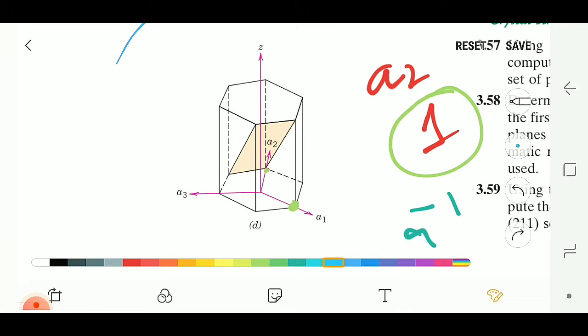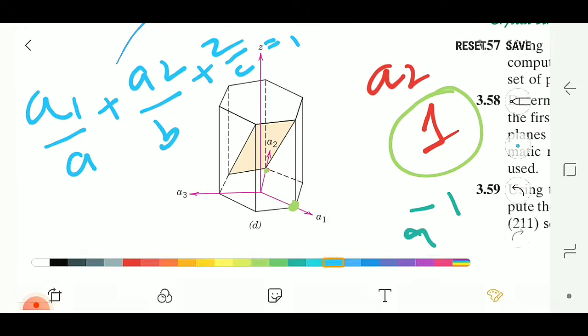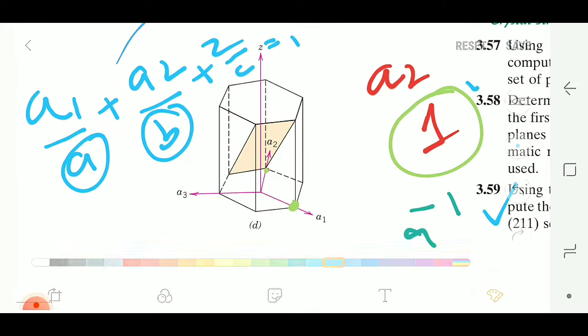So we have to use that mathematical tool, in which a1 by a, a2 by b plus z by c equals 1. We already know a and b here. A is the a1 intercept, and b is the a2 intercept. A1, a2 and z are any point on the plane, and c is something that we need to determine. C is the z intercept.